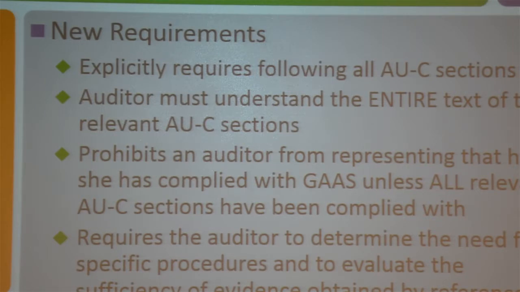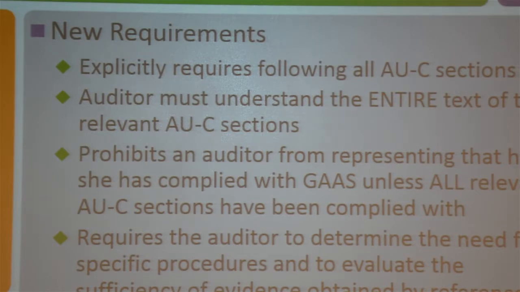So they said the auditors must understand the entire text of the relevant AUC sections, and it prohibits an auditor from representing that he or she has complied with GAS unless they followed them all. Now, our problem is not that we're giving an opinion on GAS, although that is a problem. Our opinion is that we're giving an opinion in accordance with GAGAS, and the clarity standards have already been wrapped in by reference into the Yellow Book.